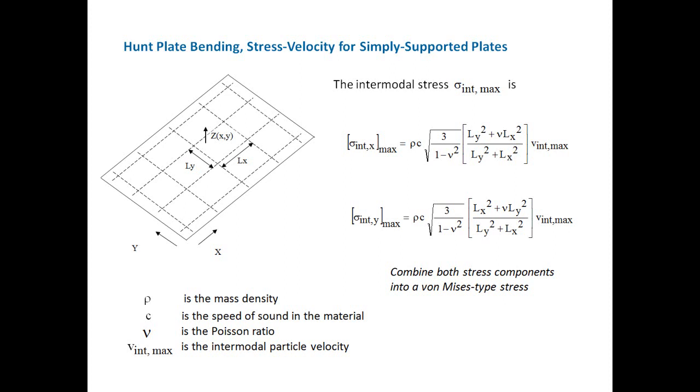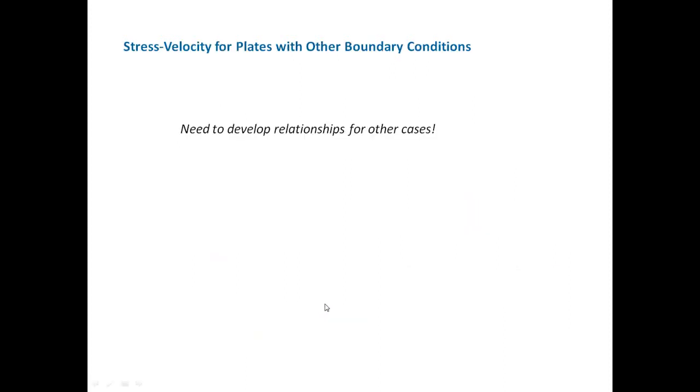As we include a higher number of modes in our analysis, there are real diminishing returns as to how they affect the total bending stress. So just keep that in mind. And there needs to be some work done for developing a stress-velocity relationship for other boundary cases, for the fundamental mode in particular. That's a work in progress that I'm doing on the side right now.